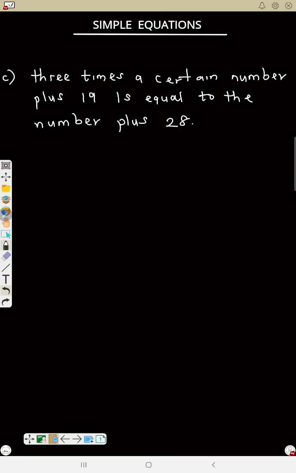So if you are interpreting, do everything one by one. 3 times a certain number. You can say let the number be x.